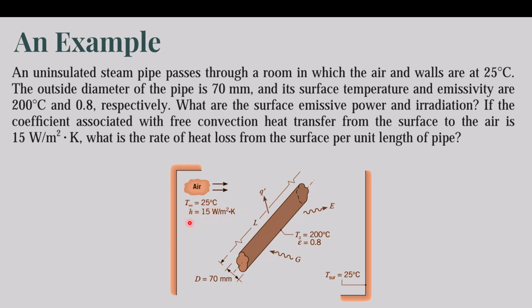We know the heat transfer coefficient for convection and the diameter of the pipe, and the emissivity is equal to 0.8, and the pipe surface is at 200 degrees Celsius. We are going to find both the emissive power and the heat loss per unit length of this pipe due to both convection and radiation. So we take L to be equal to 1 since it asks for the heat loss per unit length.